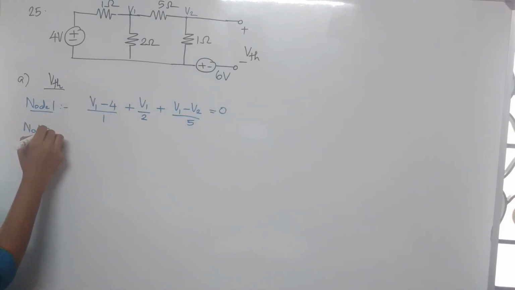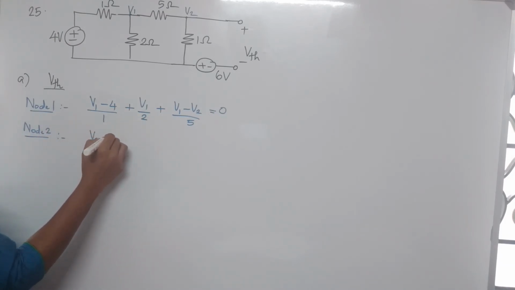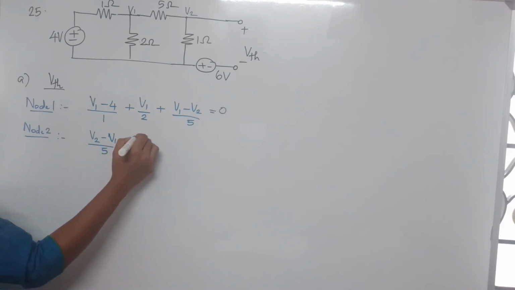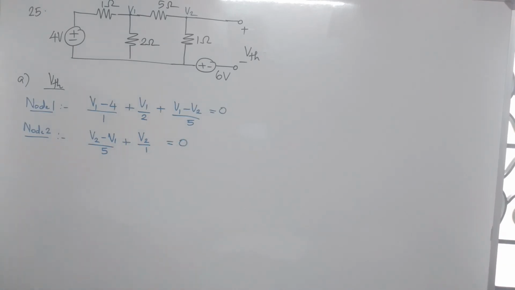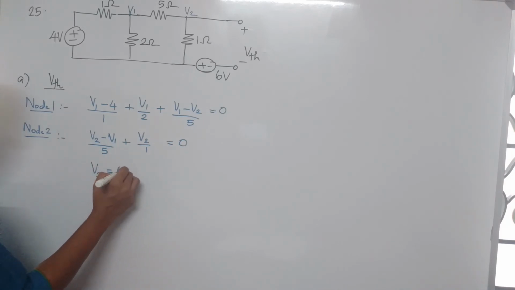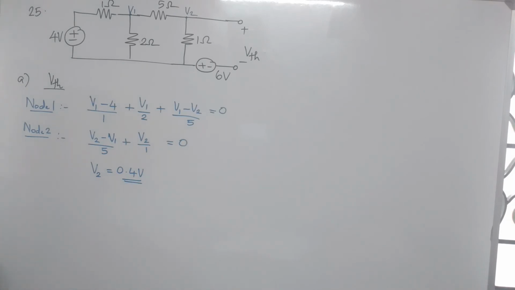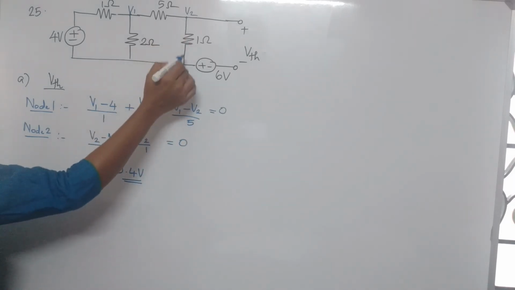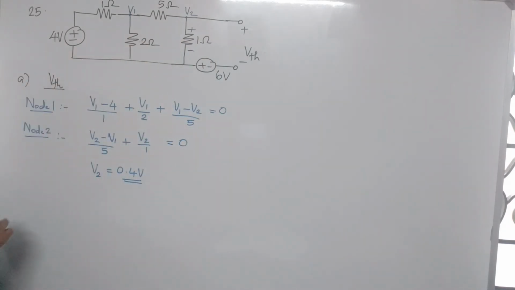Then node 2: (V2 minus V1) by 5 plus V2 by 1 equal to 0. Now we can solve these two equations and we will get V2 equal to 0.4 volt. That is, V2 is the voltage drop across this.